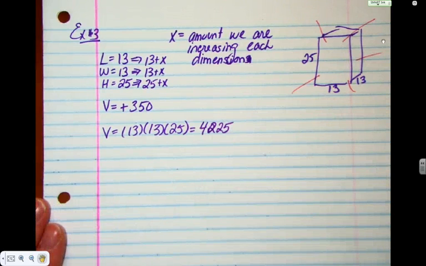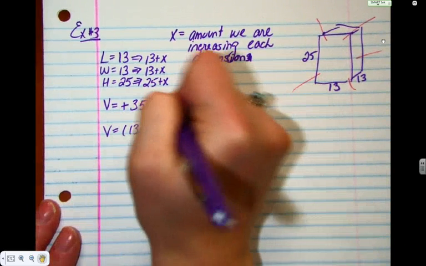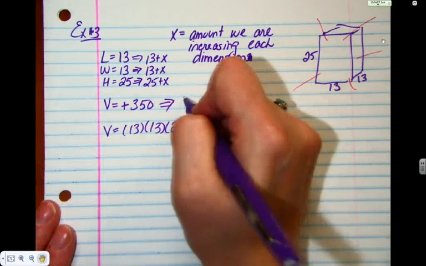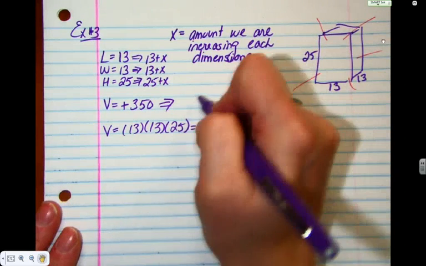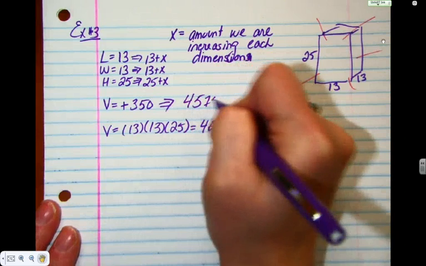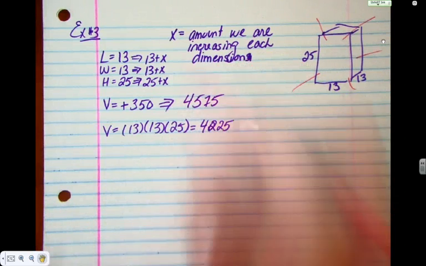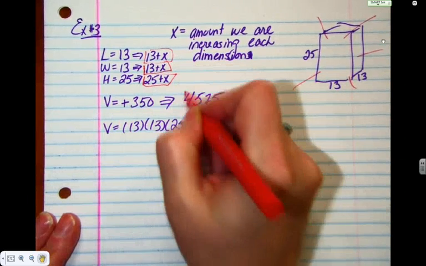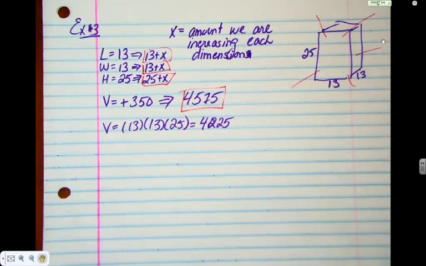Just looking to confirm. Okay, so our new volume has to be, can we say that like a mathematician? Okay, so what we need is our 13 plus x and our 13 plus x and our 25 plus x. And we need our 4575.